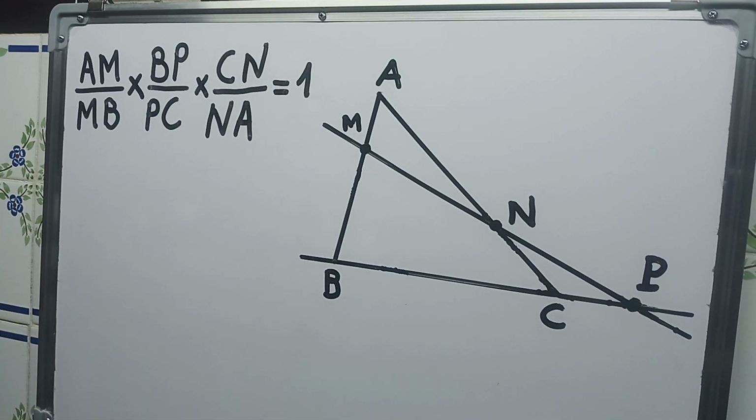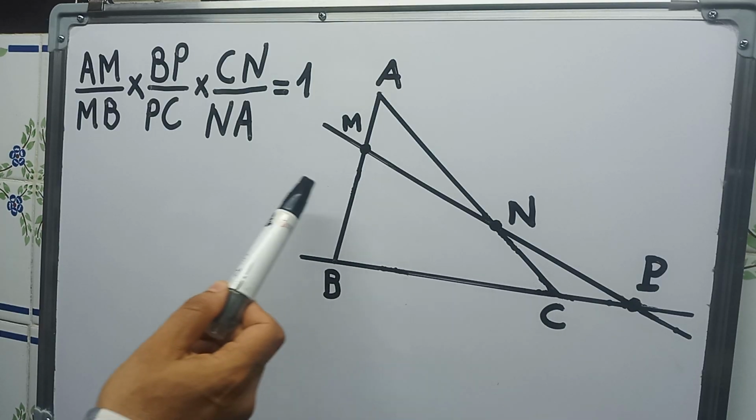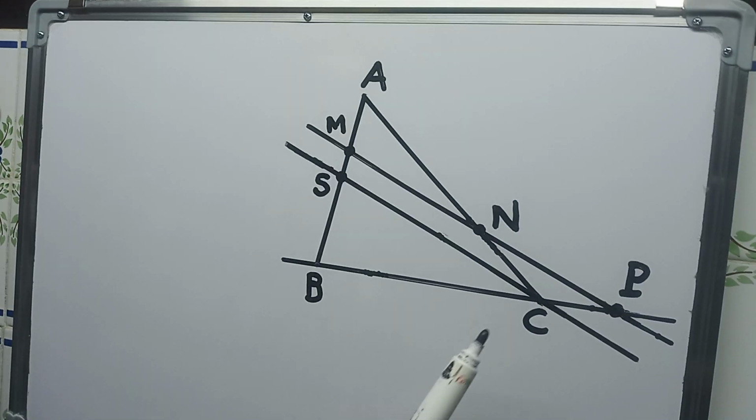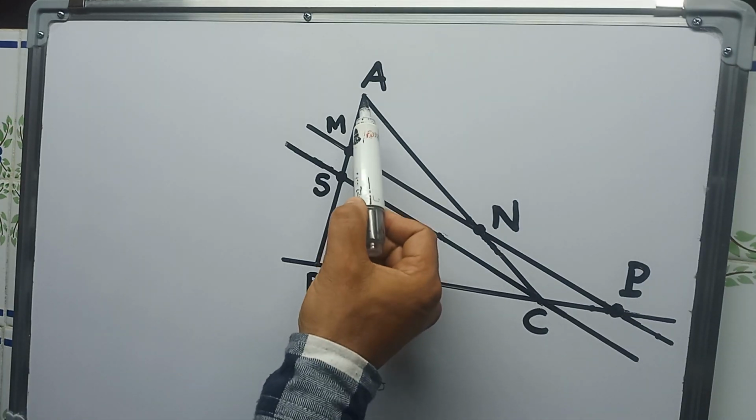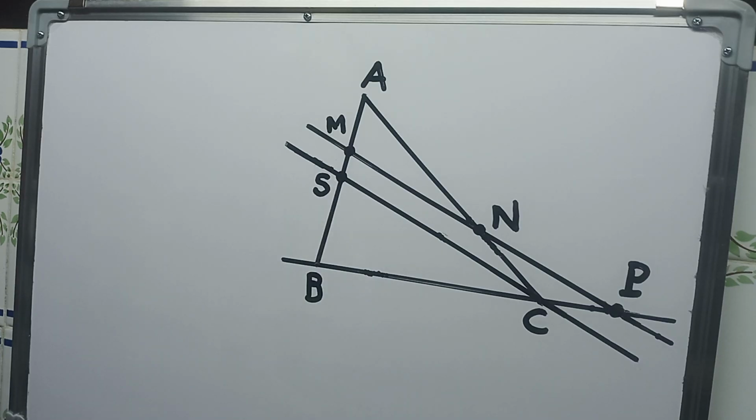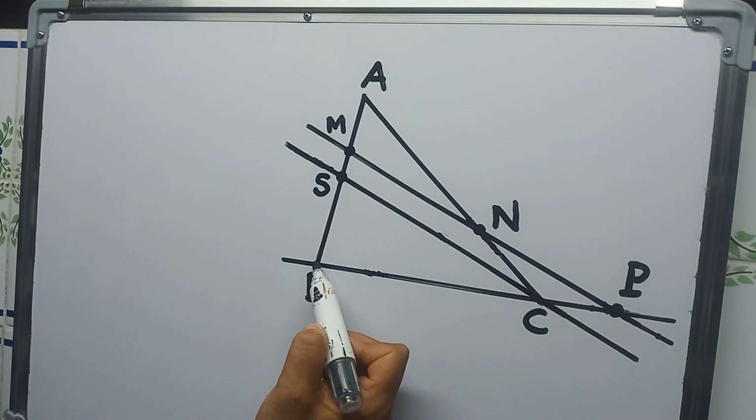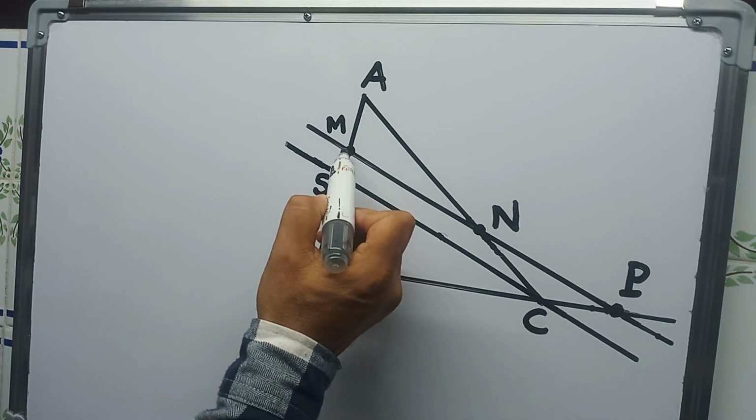And to start our proof, we need to draw a line passing through C and parallel to MN. So our parallel line intersects AB at S, and we will use the intercept theorem in the triangle BPM.